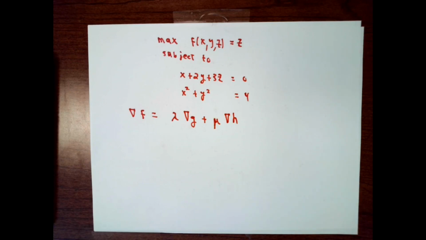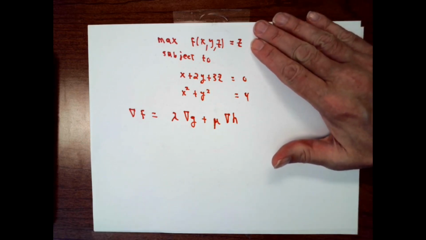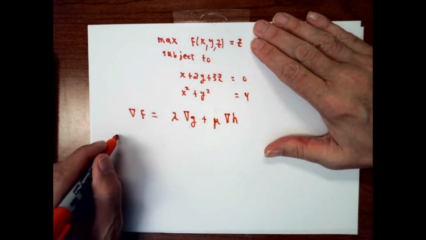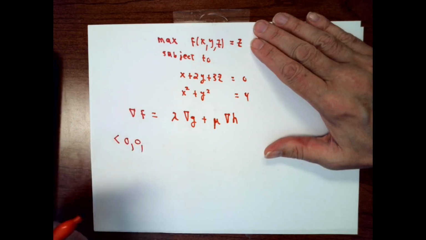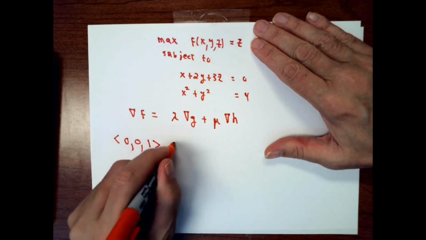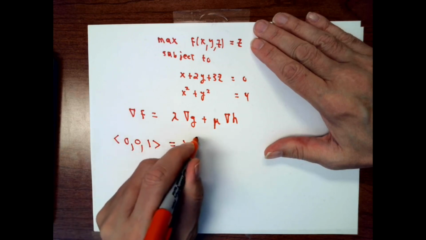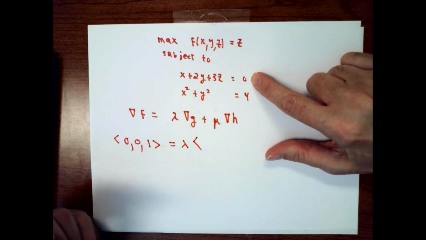I'll have to calculate the gradients of the functions involved. F doesn't depend on x or y, only z. So gradient of f is 0, 0. Partial of z with respect to z is 1. This is my g equation.